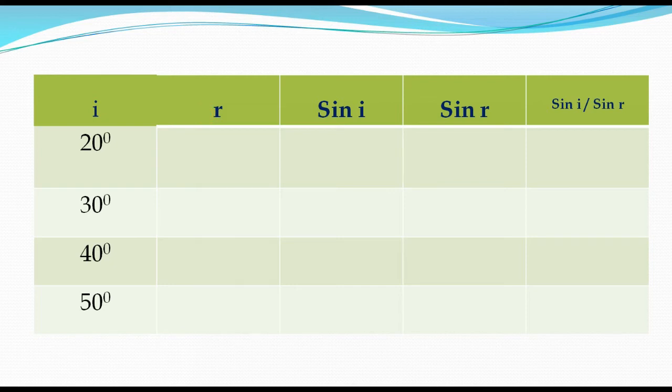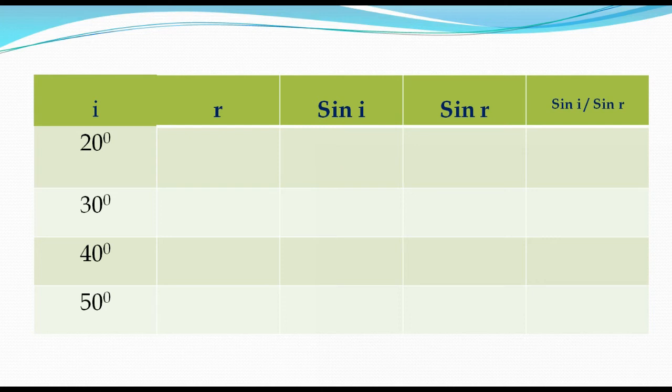Third column sin I. Sin is the trigonometric ratio you learned in mathematics. You have to find the sin I value. In the first row, I means 20 degrees, so you have to calculate the sin 20 value and note down that value in this box. We can find sin 20, sin 30, sin 40 from the logarithm table book.